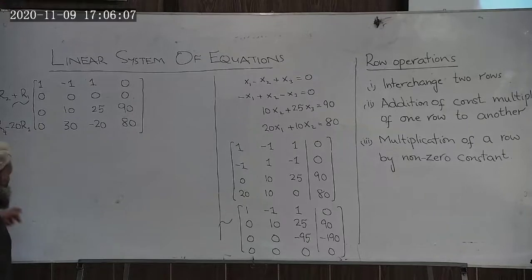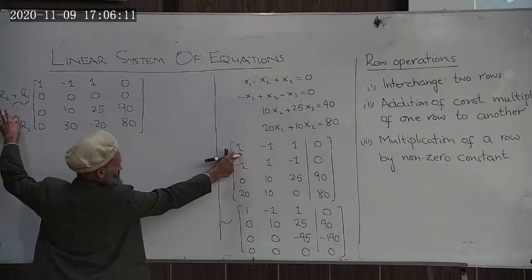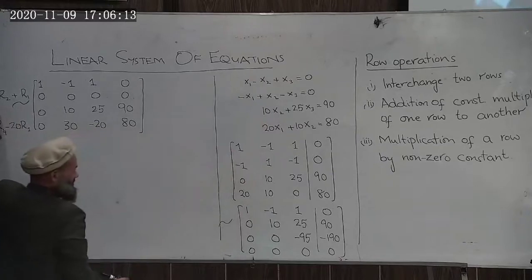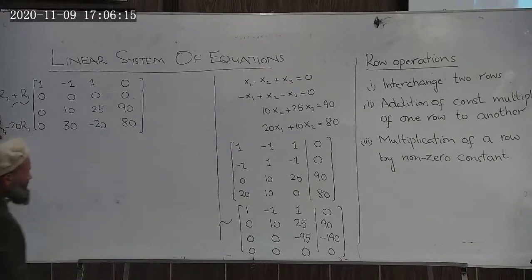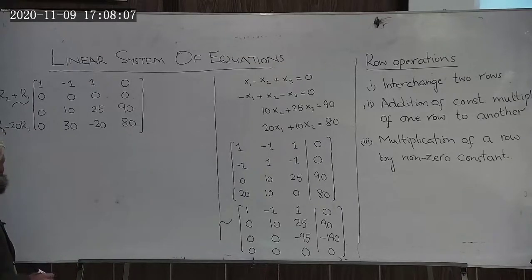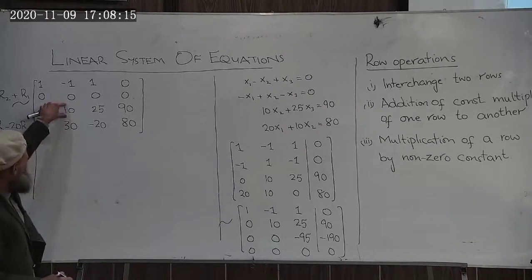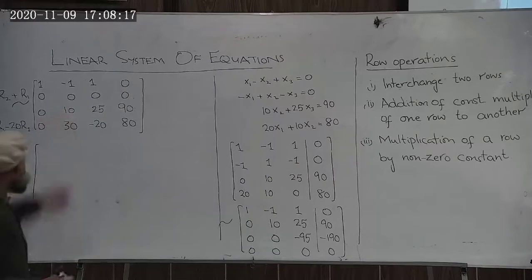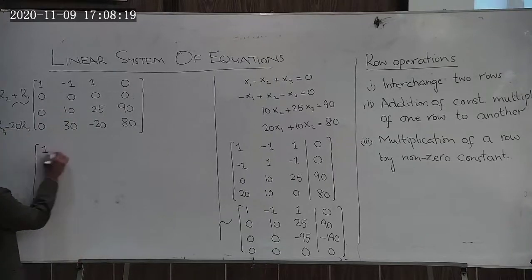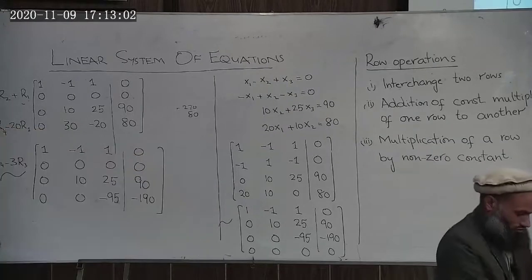We have multiplied row 1 with minus 20 and added it to row 4. So what can we do next? We can multiply this row with 3 and subtract it from here. That is allowed. That will not alter the solution.